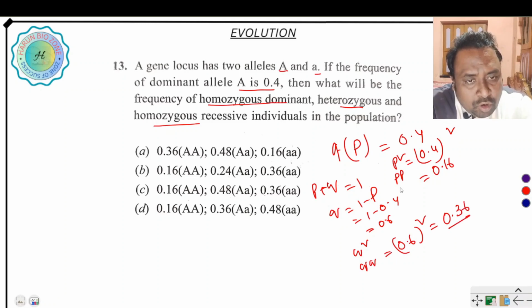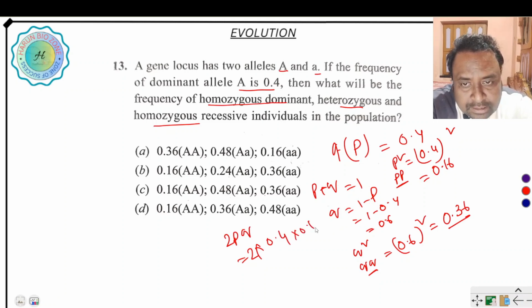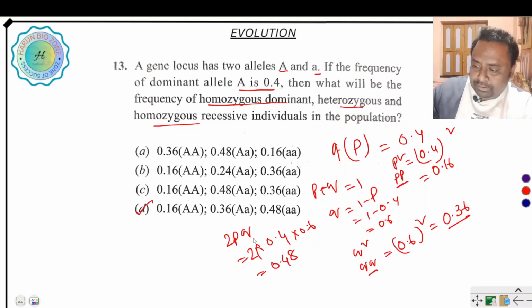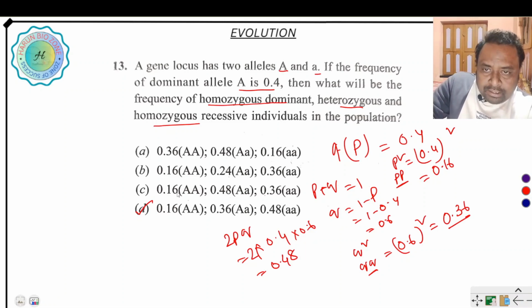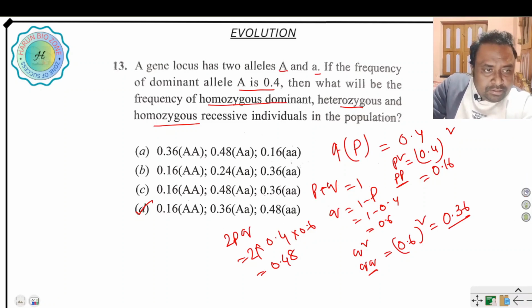Okay, so homozygous dominant and homozygous recessive are found, and heterozygous is 2pq. So 2pq is equal to 2 into p, that is 0.4, and q, that is 0.6, which gives 0.48. Sorry, this is not the correct option.